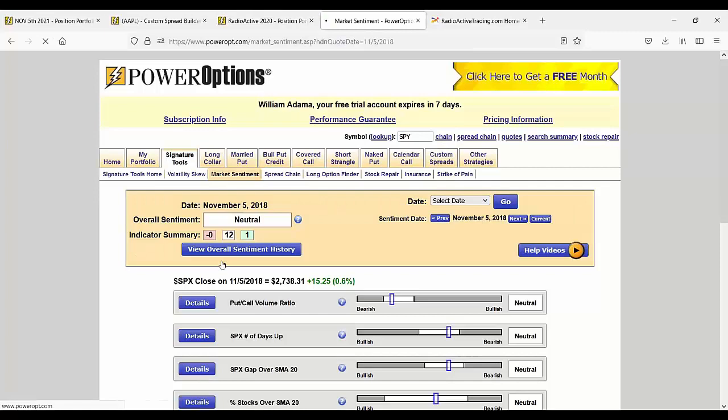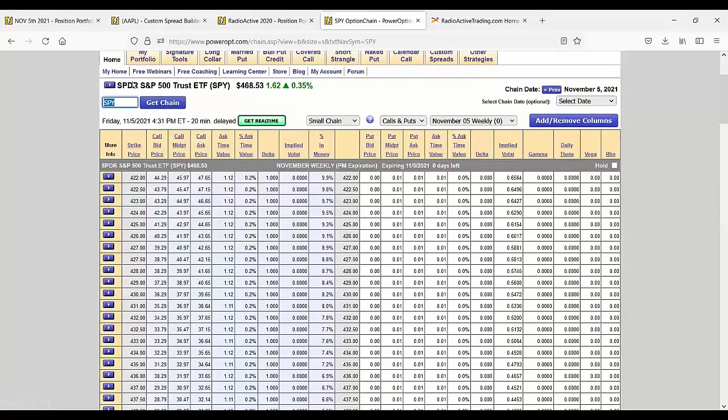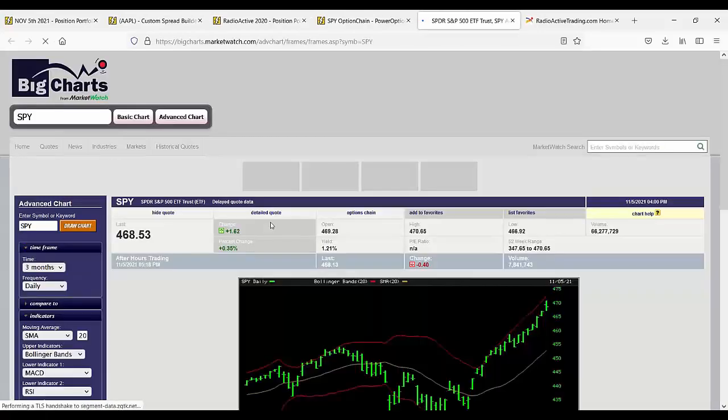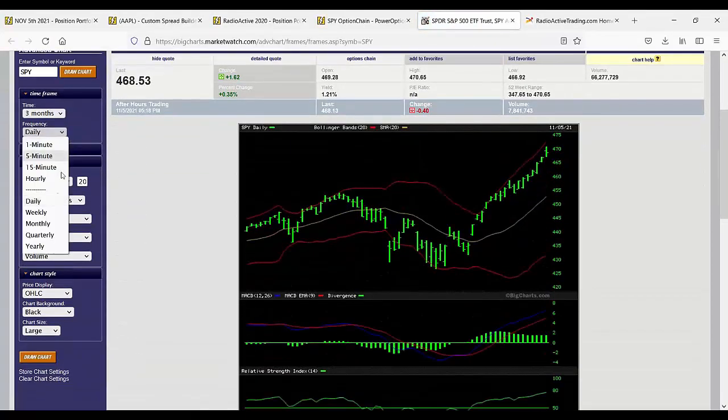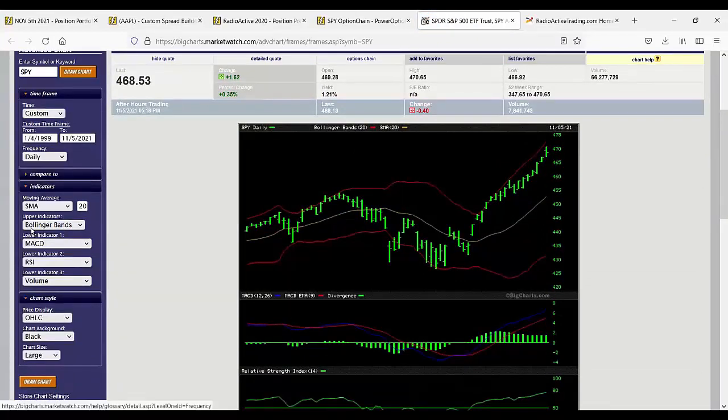Let's just take a look here. I'll go chart, big charts. And let me do a custom. That's not what I wanted. And we're going to go February. Let's go January 21, 2018.